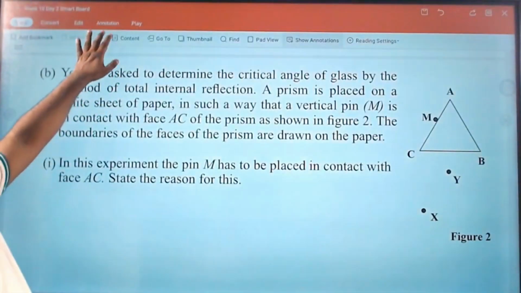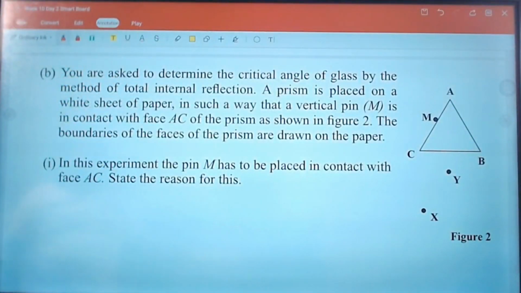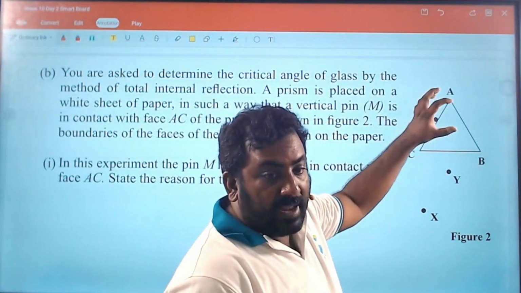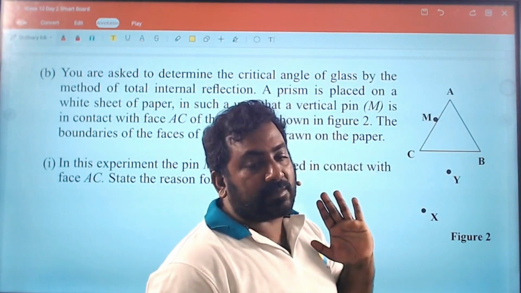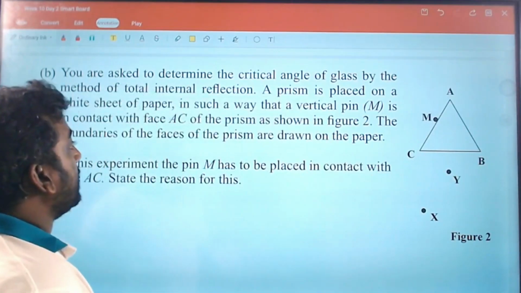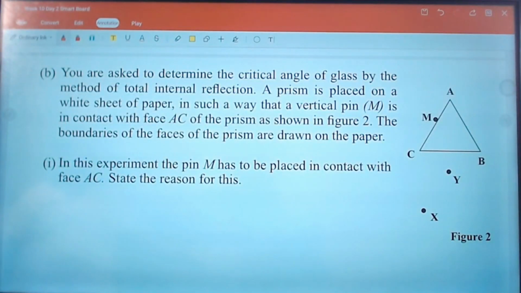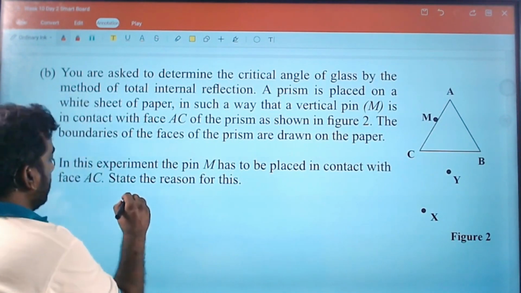You are asked to determine the critical angle of glass by the method of total internal reflection. The prism is placed on a white sheet of paper in such a way that vertical pin M is in contact with the face AC. This is what we do. We make sure that light rays travel directly. No refraction takes place. In this experiment, the pin M has to be placed in contact with the face. State the reason.